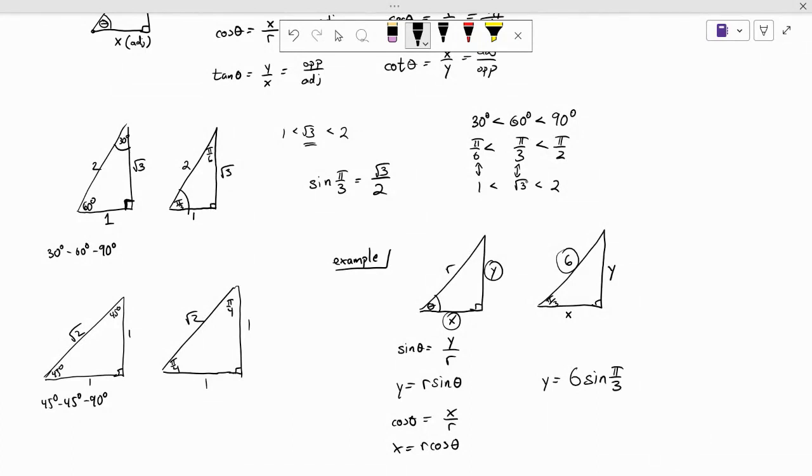And then you'll have to know that sine of pi over 3 is square root of 3 over 2. x is the radius times cosine of pi over 3, which would be adjacent over hypotenuse, so 1/2.